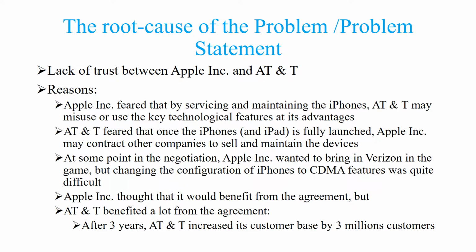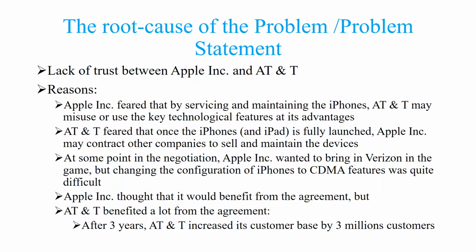The root cause of the problem was the lack of trust between Apple Inc. and AT&T. The reasons were that Apple Inc. feared that by servicing and maintaining the iPhones, AT&T may misuse or use the key technological features at its disadvantage.